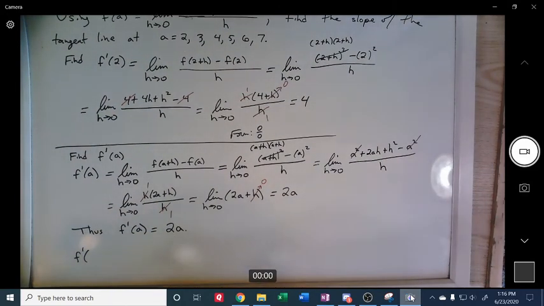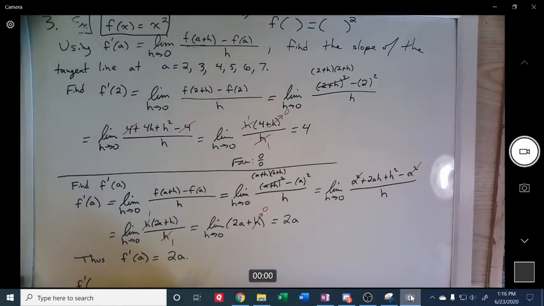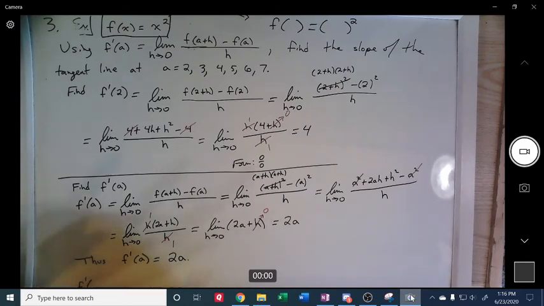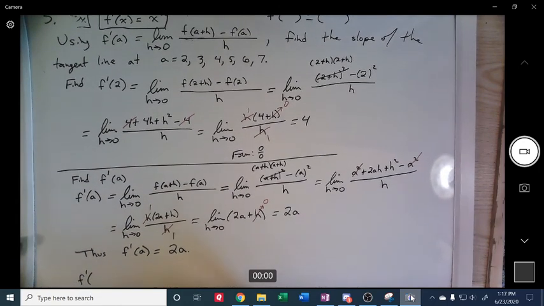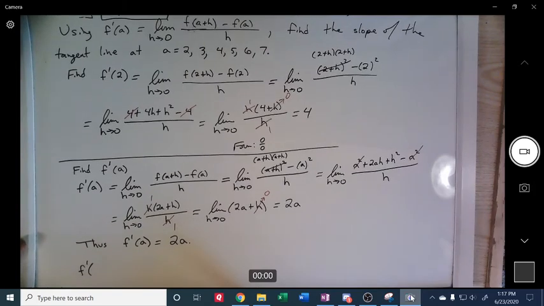That's right. It's only for the function x squared. It doesn't have that value for any other function. But for the function x squared, f prime at any point is twice the point, the x coordinate of the point.